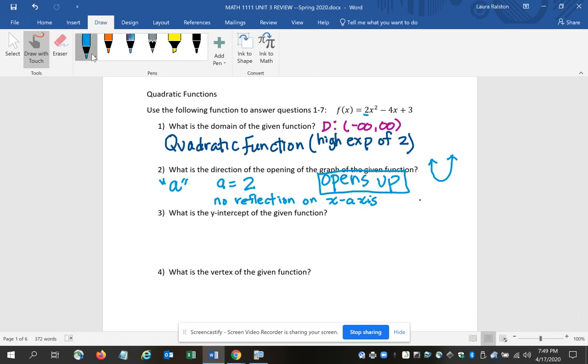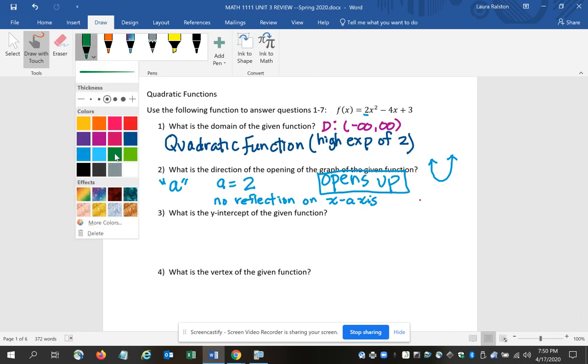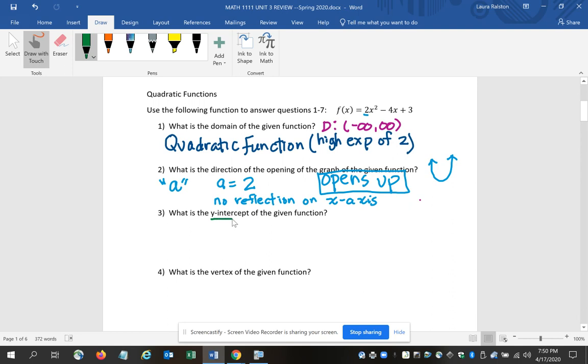Question 3 asks me to find the y-intercept. To find the y-intercept of any function, linear, quadratic, polynomial, whatever, we let x equal 0 and we solve for y. So for this problem, I would have f of 0 equals 2 times 0 squared minus 4 times 0 plus 3.